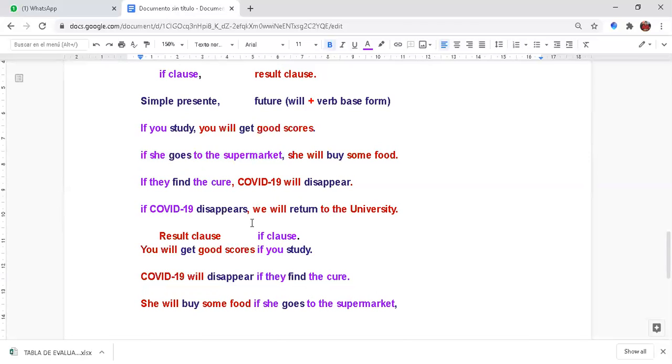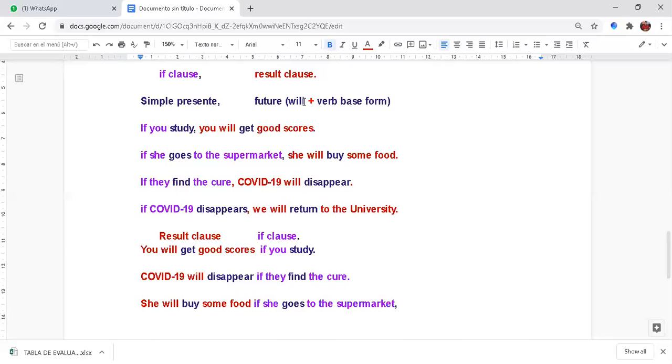The condition at the end, the result at the beginning; or the condition at the beginning, the result at the end. What is the difference when we exchange these positions? Yes, that's right: comma. It's not necessary to use a comma if you begin with the result clause. If you begin with the result clause, you won't use a comma.